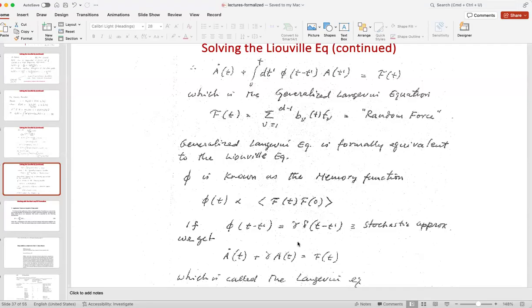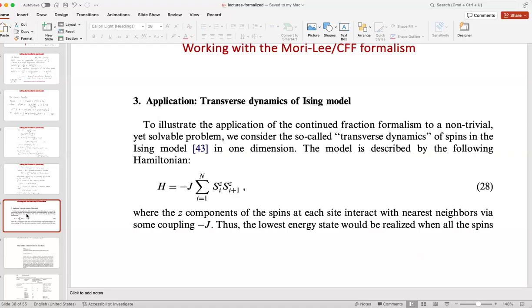It doesn't like to get rid of memory very quickly if that can be avoided. So that's one of the points I want to make. And then I want to move on to this transverse dynamics problem that I outlined last Thursday.